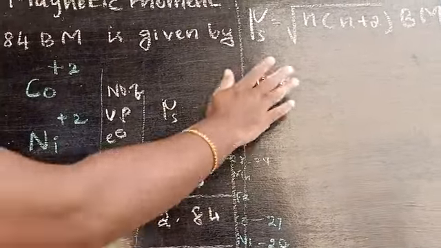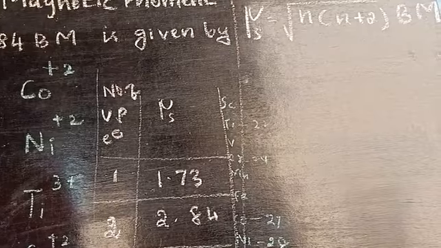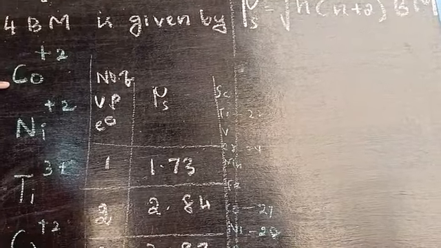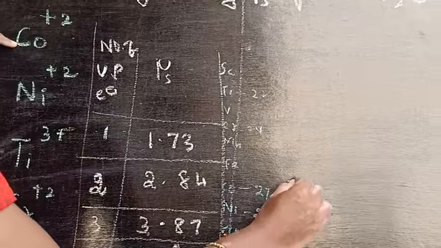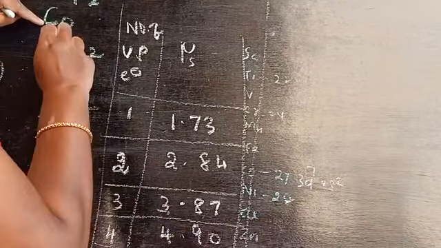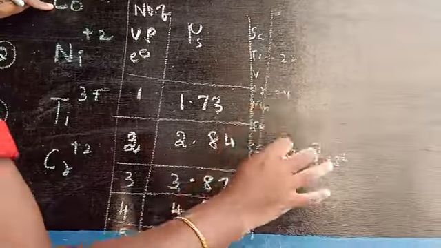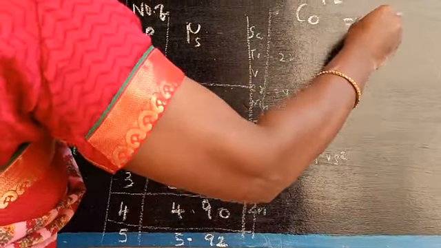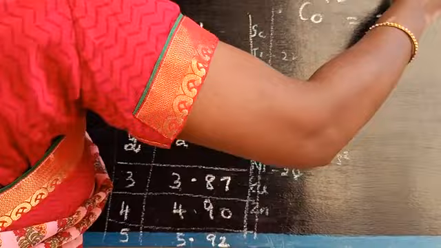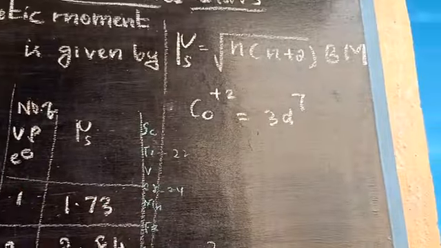Now find out the number of unpaired electrons. Cobalt 27: 3d7 4s2. So Co2+ is 3d7. How many unpaired electrons?